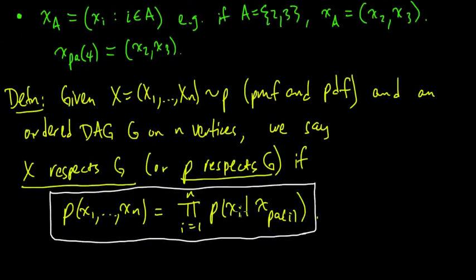This says we put a factor for each vertex in the graph, in other words, for each random variable, and that factor will have the value for that random variable given the values of its parents. Oh, and I should say this holds for any values x1 to xn that these random variables could take.